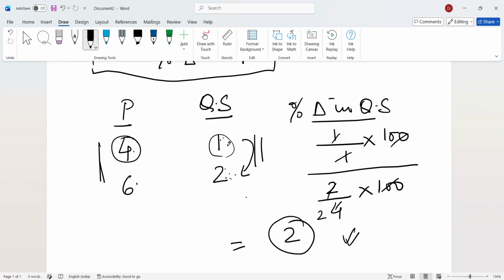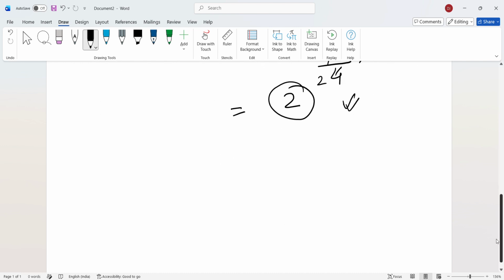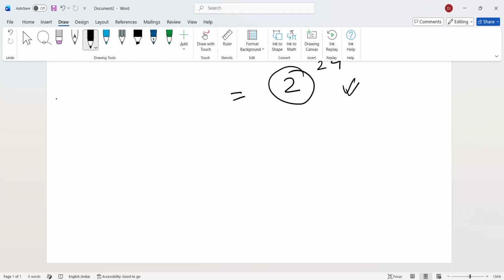Okay, so just like demand had five types of elasticity, similarly, supply also has five types of elasticity.